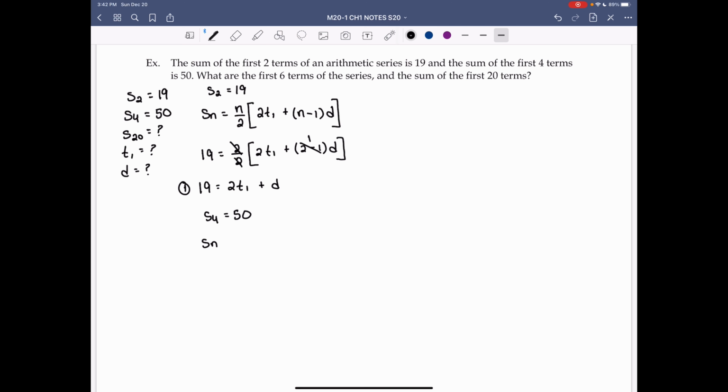Write the general formula for sum of the first n terms: n over 2 times 2T1 plus n minus 1 times D. For S4 equals 50, we get 50 equals 4 divided by 2 times 2T1 plus 4 minus 1 times D. And then simplify. 50 equals 4 divided by 2 is 2 times 2T1 plus 4 minus 1 is 3D.